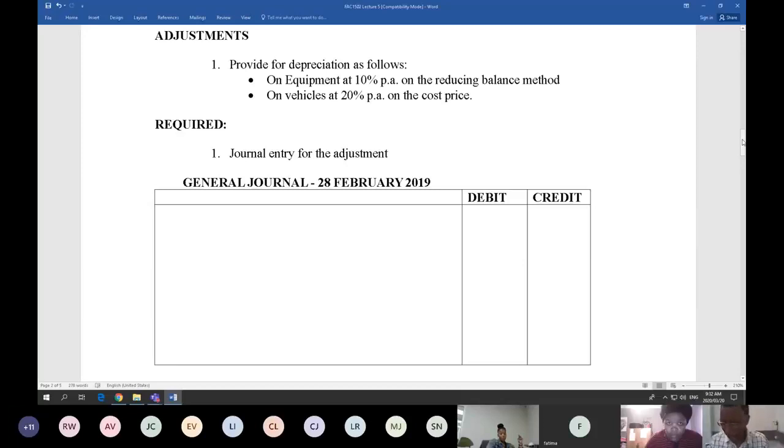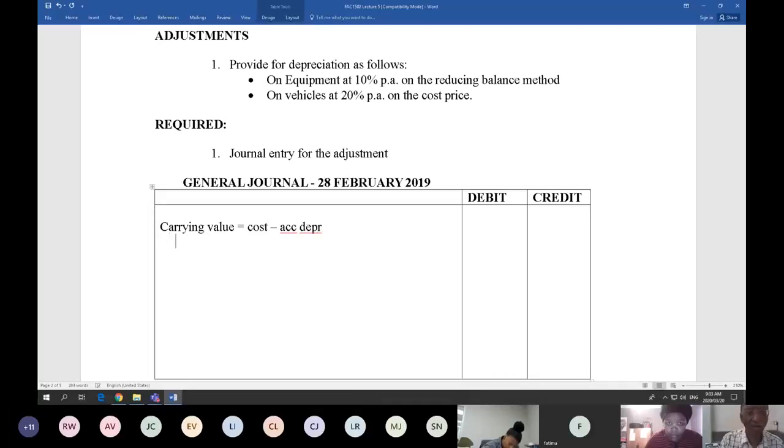Remember now, when we talk about reducing balance method, you must first calculate the carrying value. So in your reducing balance method, when you apply the reducing balance method, first calculate the carrying value. And your carrying value is equal to the cost price minus your accumulated depreciation.